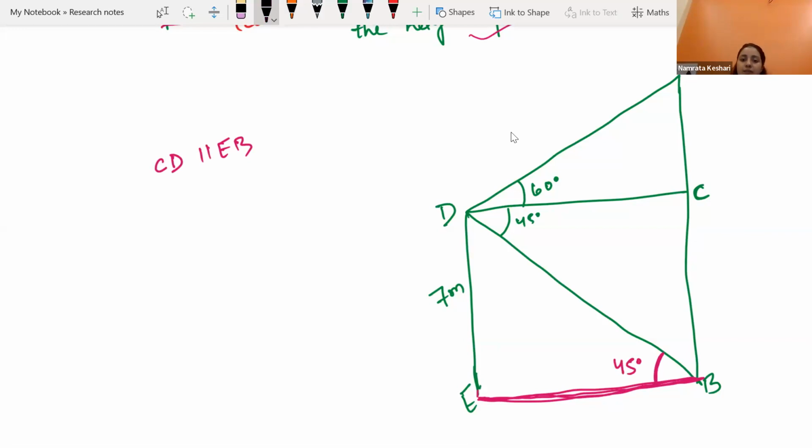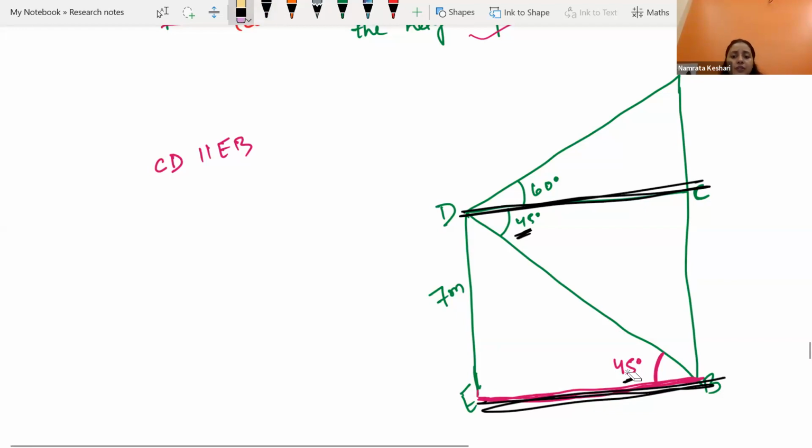This line and this line are parallel with each other because CD is a horizontal line and BE is the ground level. Since these two are parallel and BD is a transversal, if this is 45, this is also 45. Now the question is why we are doing so? Why are we making 45 degrees over here and how do we proceed after this?